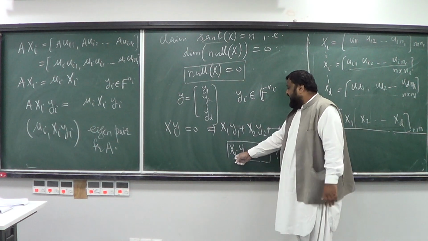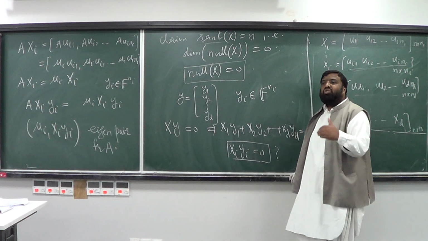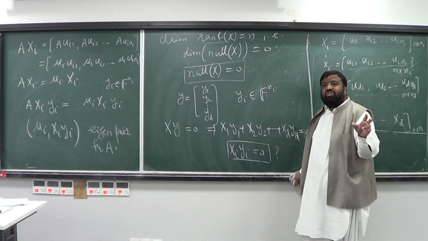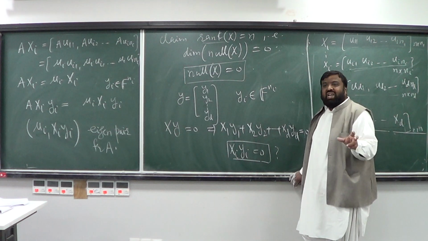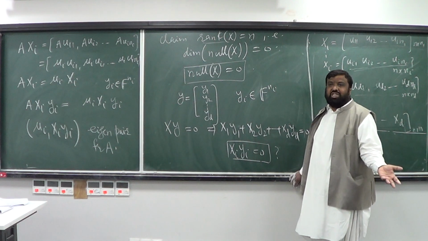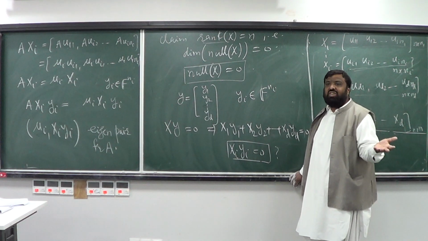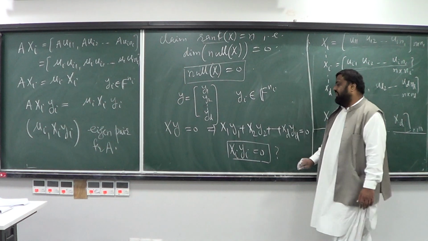Now, if xi, yi is not equal to 0, that means you are assuming that corresponding to the distinct eigenvalues, you have eigenvectors which are linearly dependent. So this would be a straight contradiction. So each one of the summands has to be 0.